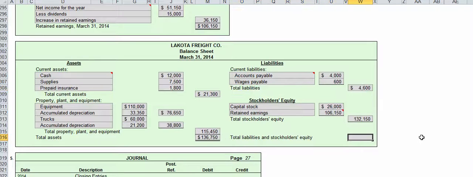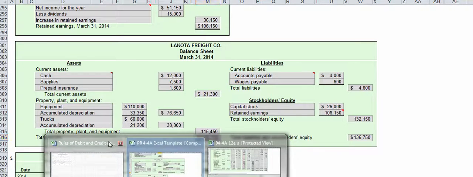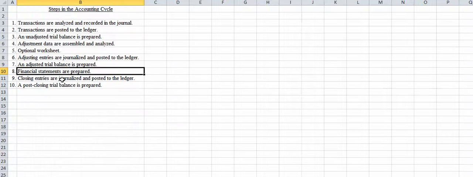We add those two together, and that'll give us total liabilities and stockholders' equity, $136,750, which matches total assets. So now we have completed Step 8 on the steps in the accounting cycle. Financial statements are prepared. And in the next videos, we'll move forward with steps 9 and 10. Thank you.